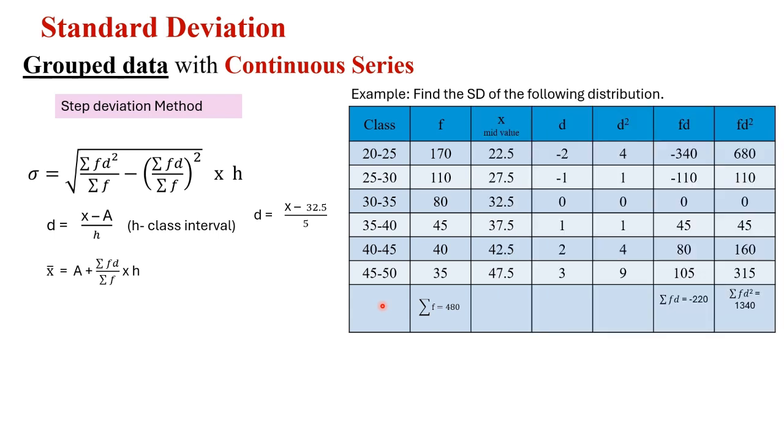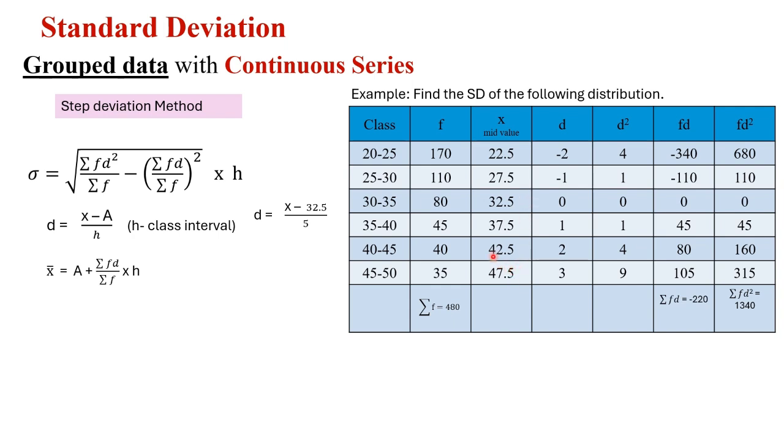Mid-value of 20 and 25 is 22.5, 25 and 30 is 27.5, 30 and 35 is 32.5, similarly 37.5, 42.5, 47.5. Here 32.5 is the middle value, assumed mean a is 32.5.